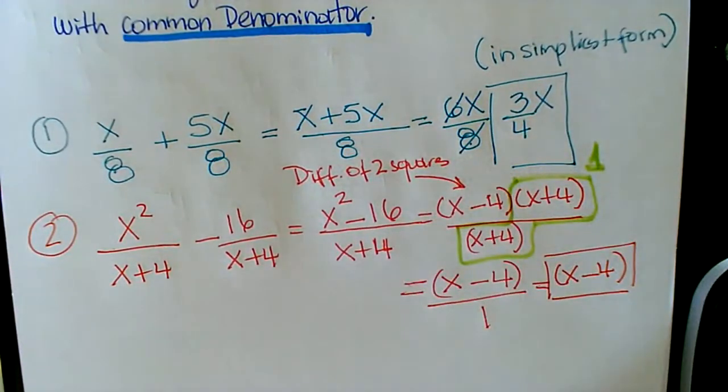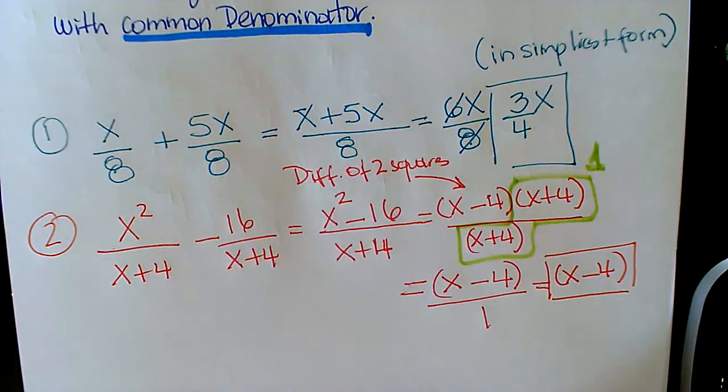Okay? So, what do we do when the denominators are not the same? Believe it or not, the lowest common denominator is easier to find when the denominator has letters and polynomials in it.